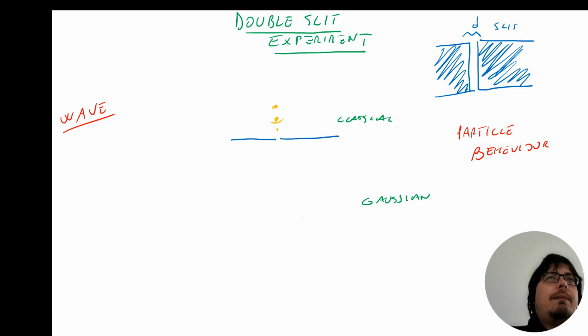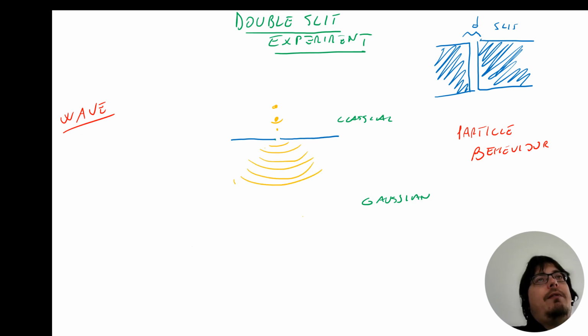But the thing that happens is that the photon, when it does interact with the slit, expands as a wave. But since there is nothing on the other side, it will be collected in one spot only. Because it's one photon. You don't have the full statistic.